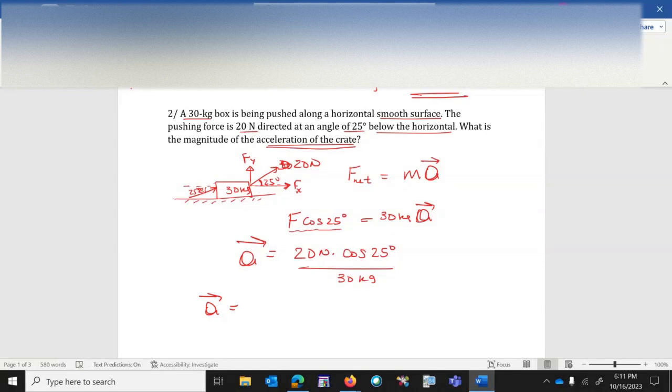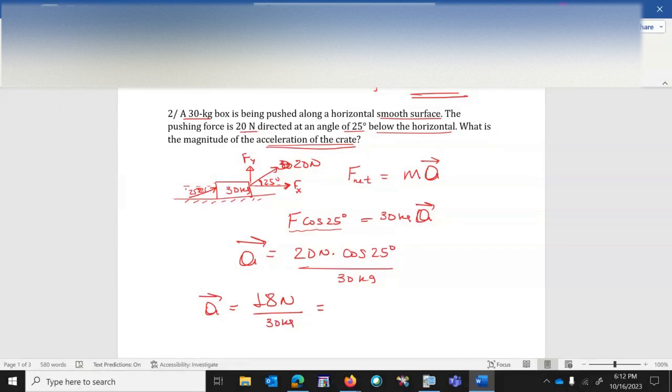Now you can use the calculator to get the cosine of 25 degrees, and the top is 18 newtons over 30 kilograms.